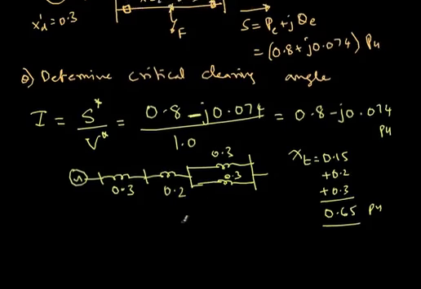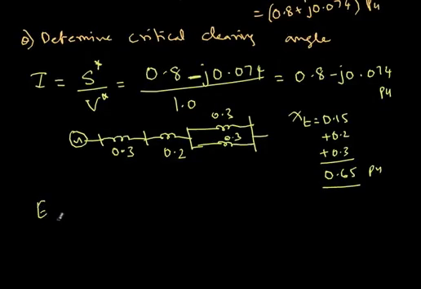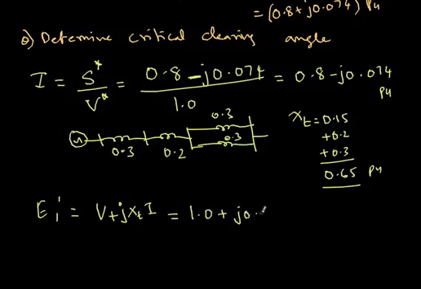Since I know the total current and total reactance, I can find E dash. E dash is nothing but the receiving end voltage plus the drop, that is j times X total times I. So I know the voltage is 1, X is j0.65, and the current is 0.8 minus j0.074.